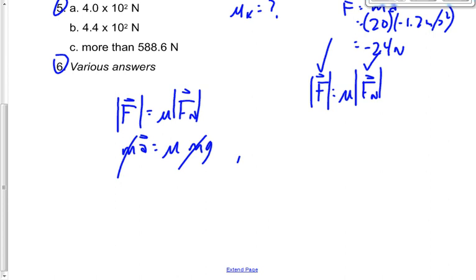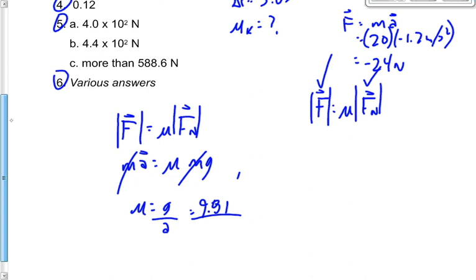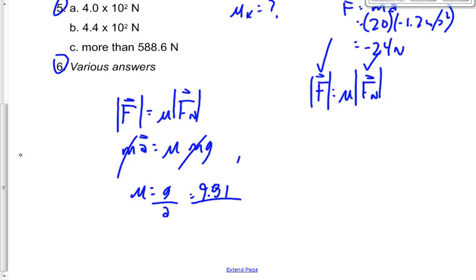If we rearrange that, we get mu is equal to g over a. That's 9.81 over the acceleration here, which was, what did I say it was? 1.2. And when we do the math on that one, it works out to be 0.12. No, it doesn't.